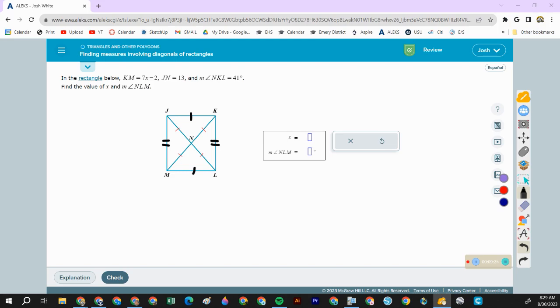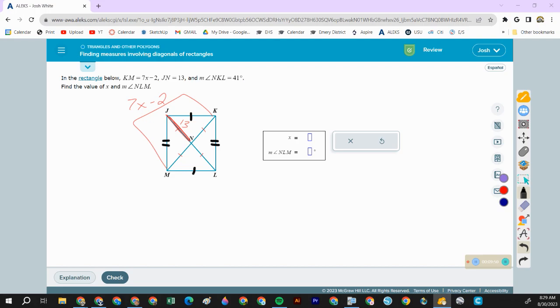Okay? So this says that KM, so this length here, is 7x minus 2. And it says that JN, this length here, is 13. How big is x?